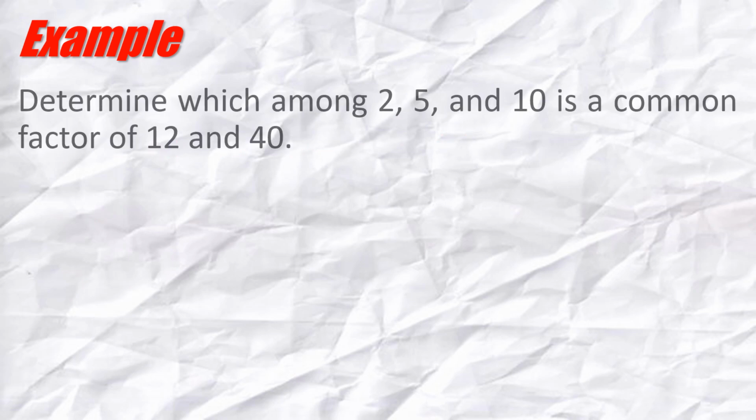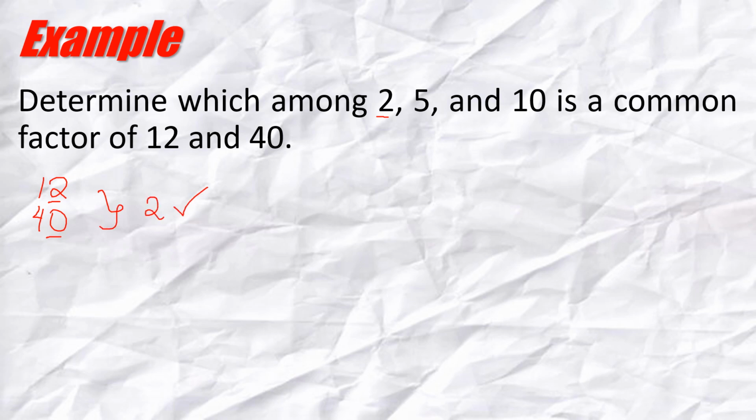Next, determine which among 2, 5, and 10 is a common factor of the number 12 and the number 40. Let's check first for the number 2. 12 and 40, their last digits are both even numbers. 2 is even, 0 is even, therefore both numbers are divisible by 2.